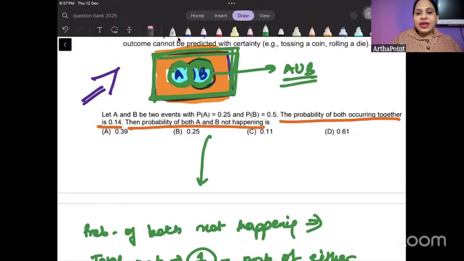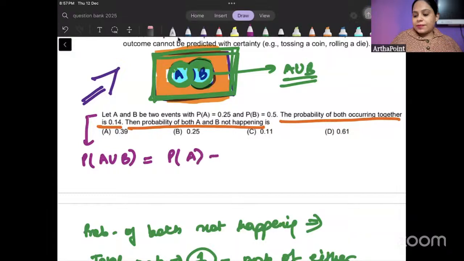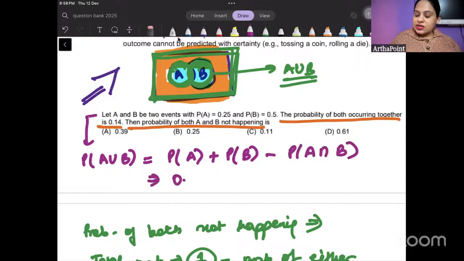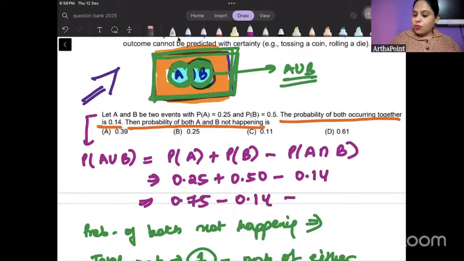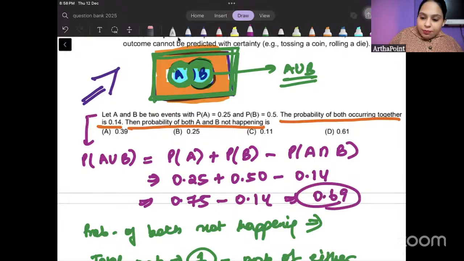So what will be A union B now? Let's find out यहाँ से. So probability of A union B हो जाएगा probability of A plus B minus A intersection B. A is 0.25, 0.50, 0.14, 0.75, 0.14, 0.69. माने ये जो मेरा blue region है, this is 0.69.